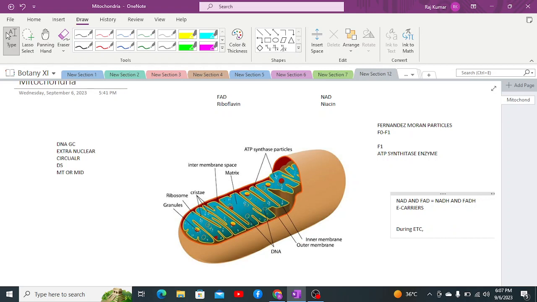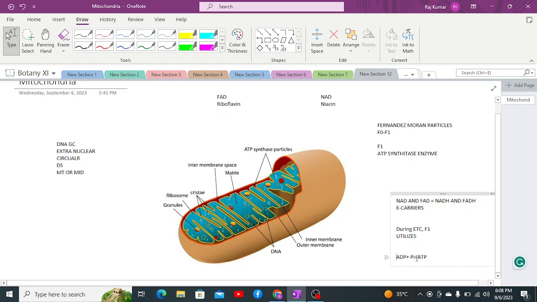When NADH and FADH are oxidized to release electrons, the presence of the electrons triggers or activates the Fernandez-Moran particle, due to which the F1 particle causes the ATP synthetase enzyme to become activated, due to which the ADP plus inorganic phosphate group inside the F1 particle is converted into ATP, which is a highly energized bond containing particle.